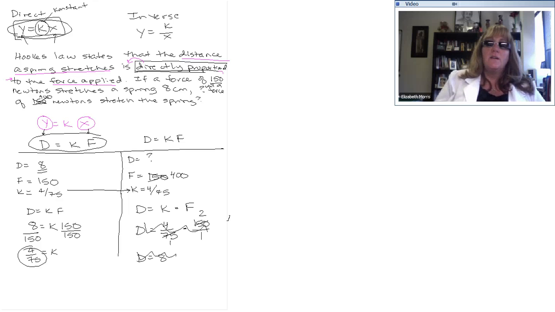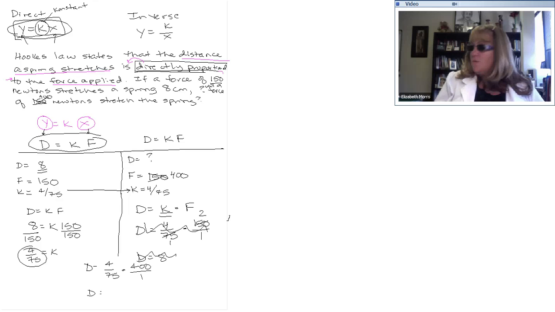All right, let's start. D is going to equal, what's our K? 4 over 75 times force of 400. So D equals, if you multiply all this out, you get 64 over 3, or 21 1/3 centimeters.